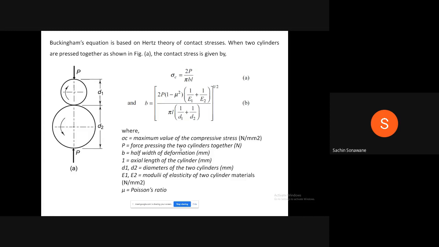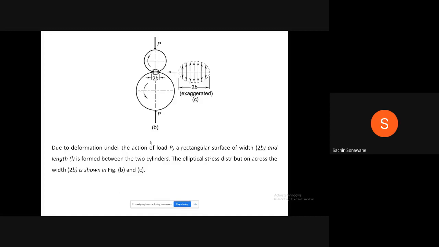I think you have written. Next slide. Draw this diagram. Due to deformation under the action of load P, a rectangular surface of width 2b, consider this as the rectangular surface, and length L, length is perpendicular to this slide, is formed between the two cylinders.